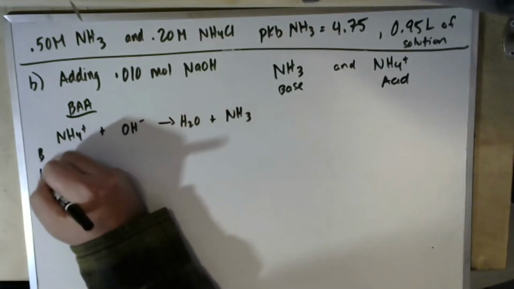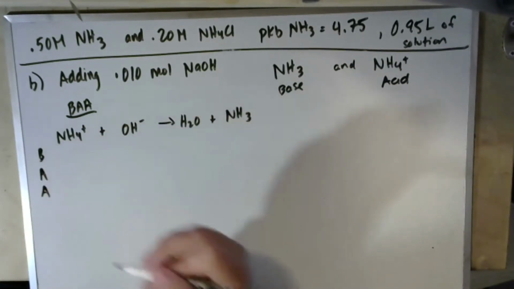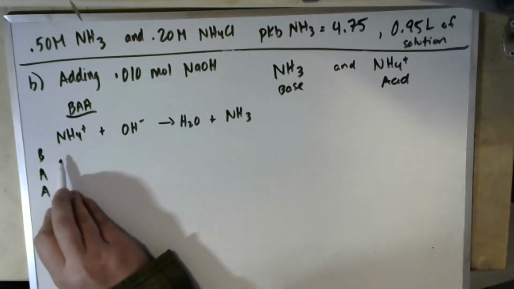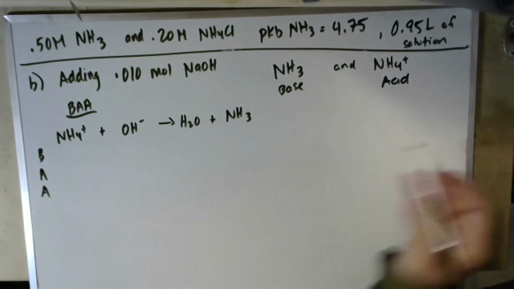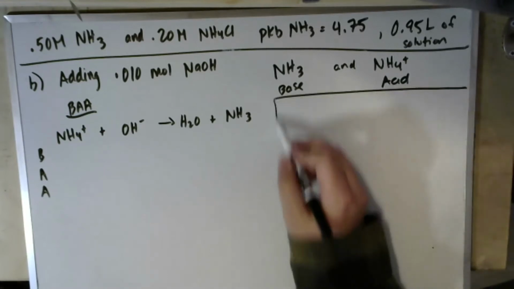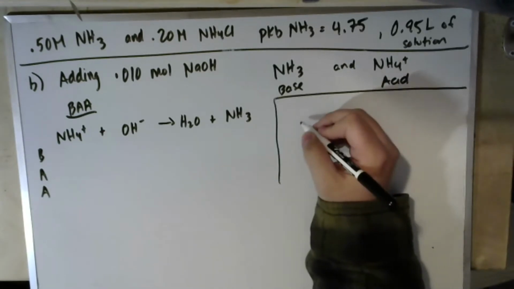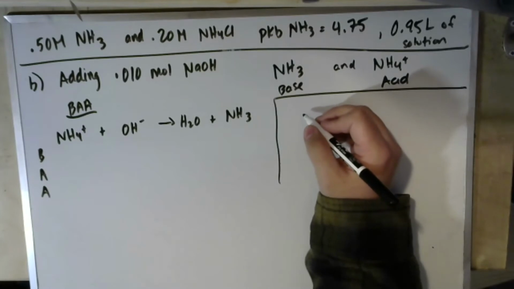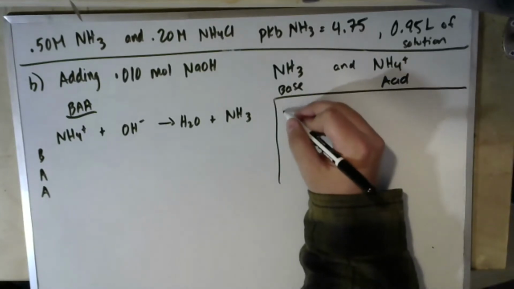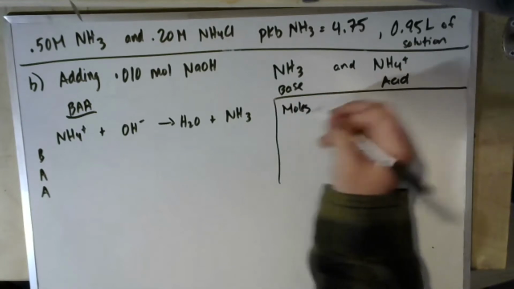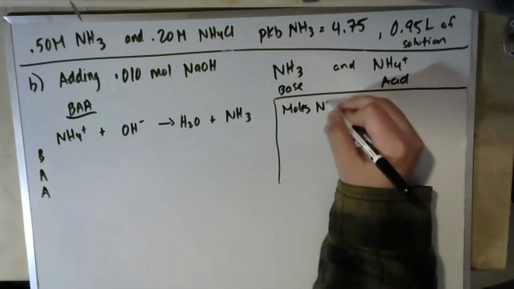Now we can tally up what's going on here. So I'm starting out with, they gave us, we have to do our little mole calculation over here. They gave us molarities and volumes. In this case, they didn't just tell us what the mole values of our buffer components were straight out. So we have to calculate the moles of each one first.